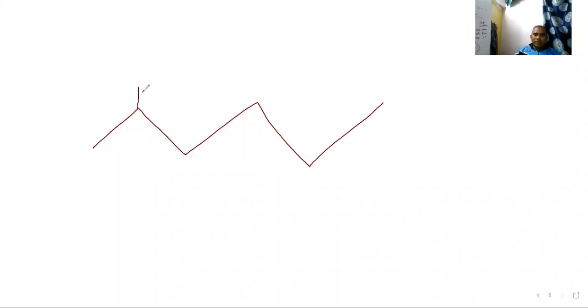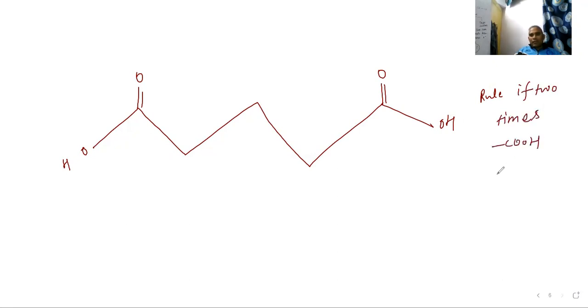Here I mention double bond O, and here is OH. And here again I am mentioning the same, double bond O and OH. The rule says that if the COOH group is present 2 times, then its name is dioic acid.